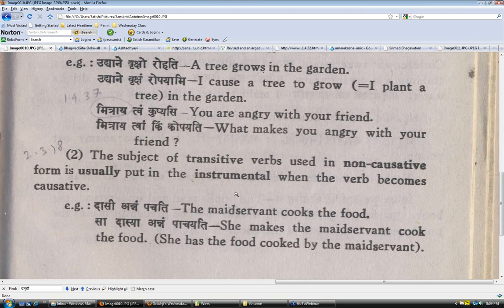Kartikarana yostitiya. So usually put in the instrumental usually means that if 1452, 1453 are not applying, then you go to 2318. Nothing else is coming there because it retains the karta sanya and kartikarana sthiti. I think usually is probably difficult to say because the 1452, 1453 includes many important dhatus.